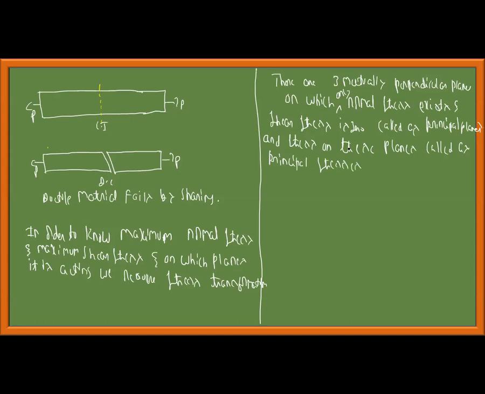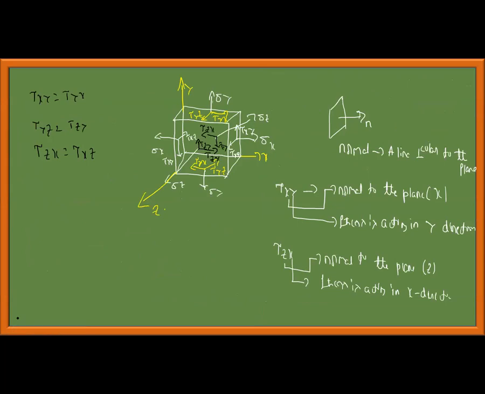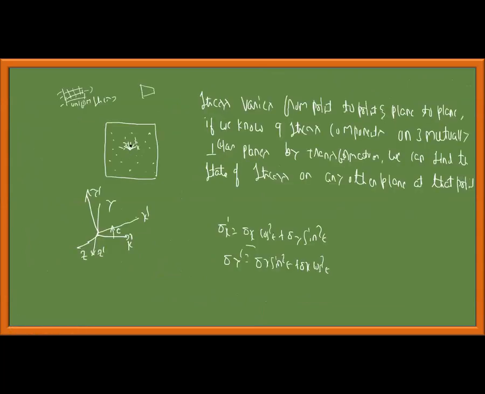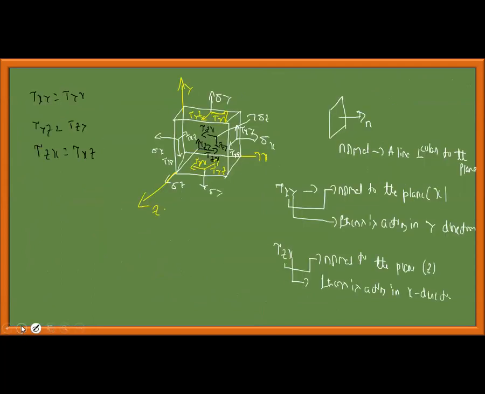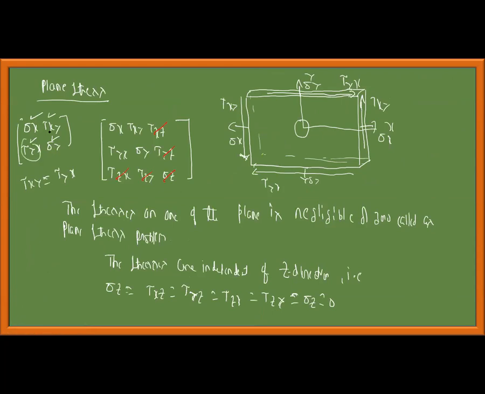So what you should know: if I do the transformation like this, at a point, I'll consider one point like this, point n. If I do the transformation, at this point there are three sets of mutually perpendicular planes upon which there is no shear stress. This tau yx and tau xy are zero, but only this sigma x and sigma y are maximum.